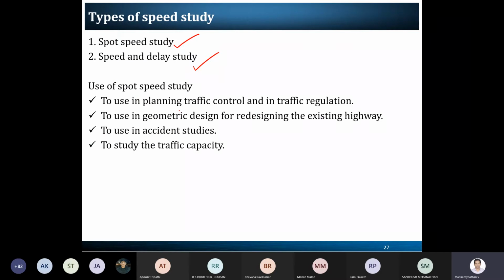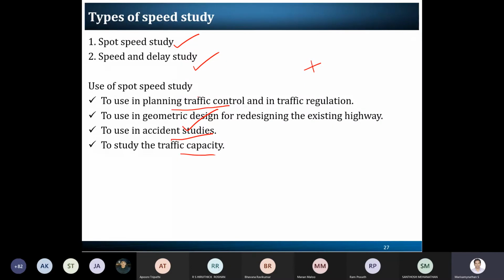The speed is mainly used to plan traffic control rules and regulations, where we can fix signalized intersections, what kind of law enforcement, and what the speed limit will be. So all these things we will plan according to the spot speed study, and what kind of redesign or new designs we can do with respect to the geometric pattern, accident studies, traffic capacity studies.